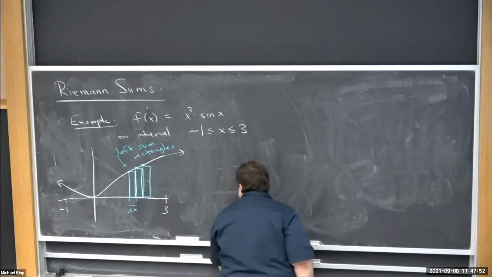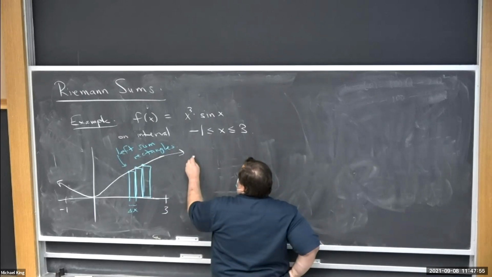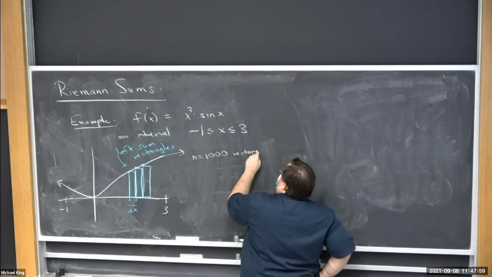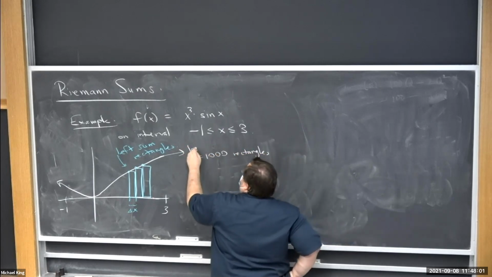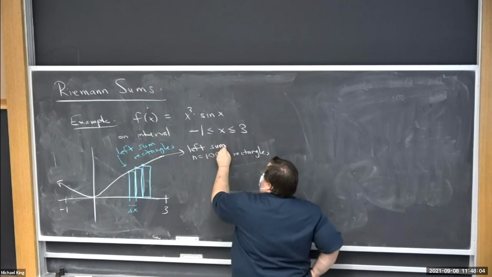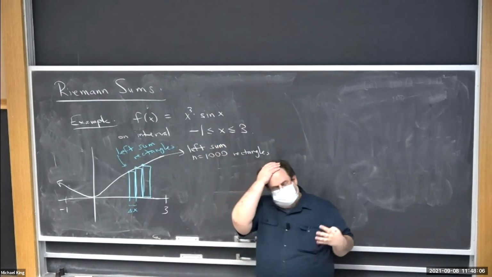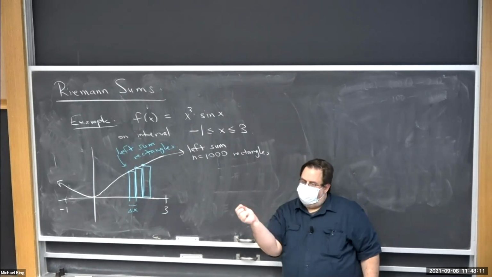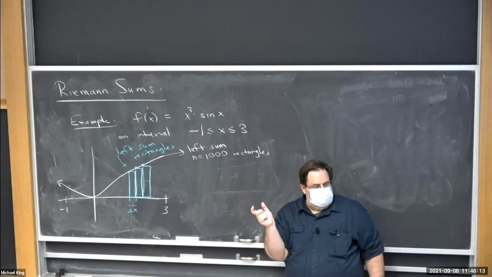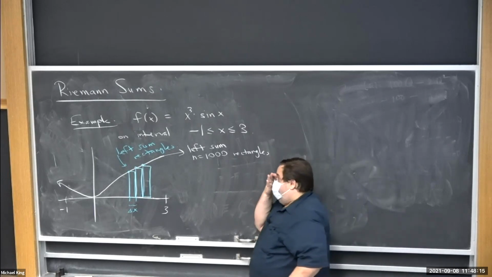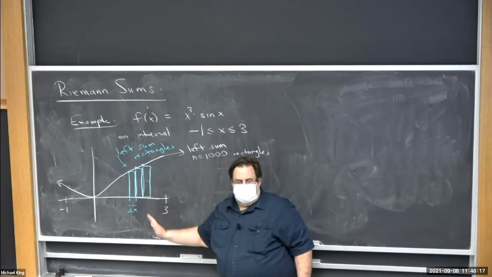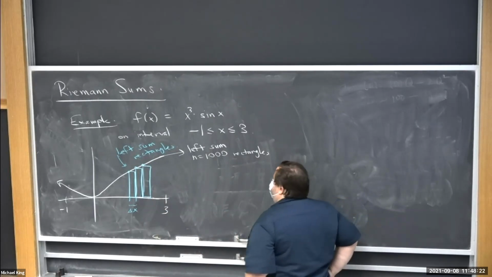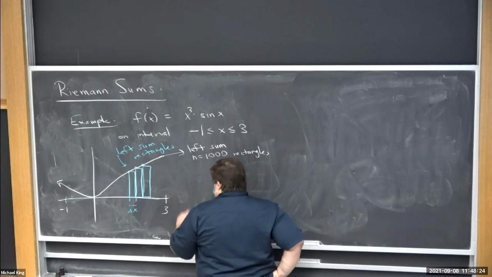And let's say n equals 1,000 rectangles. Let's make it a big number. And let's do a left sum, meaning we use the left-hand endpoint of each subinterval, because that's what we were talking about last class: you can pick any point in a little delta x subinterval to make the height, and left sum just means choose the left-hand endpoint. So the first one, I was calling it the 0th rectangle.